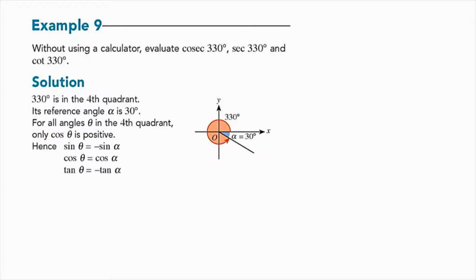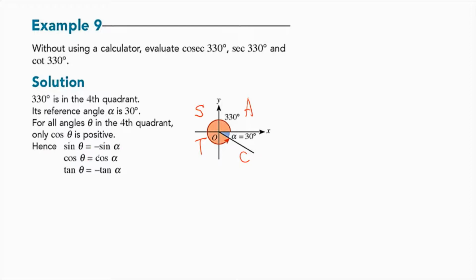Okay, so for all angles theta in the 4th quadrant, only cosine theta is positive. Remember this? A, S, T, C. So hence, sine theta equals negative sine of the reference angle.